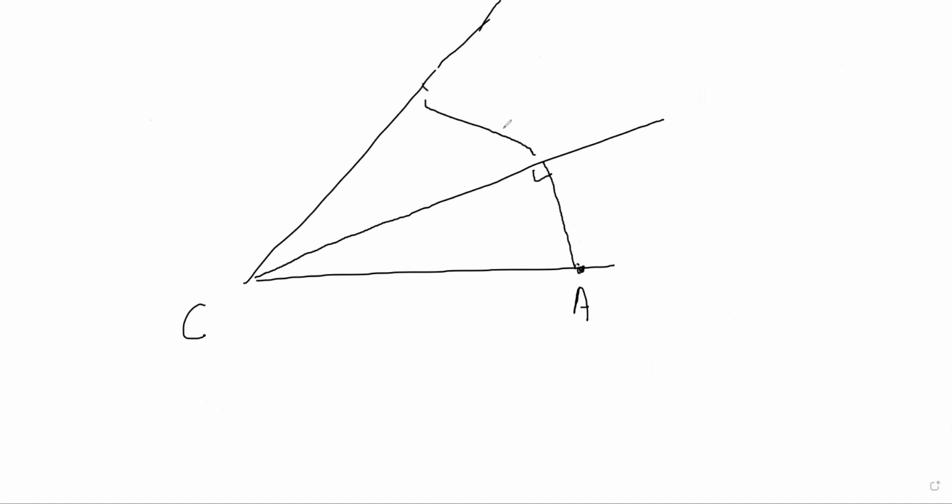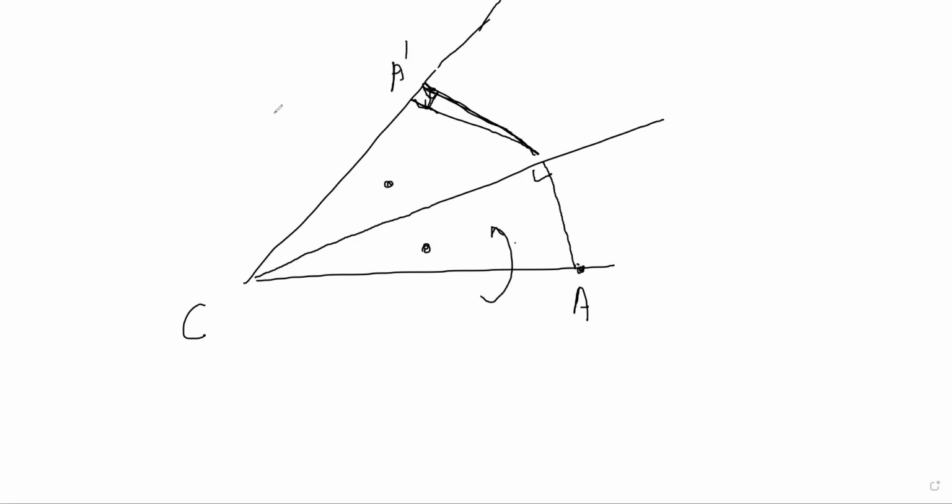Let's say there is an angle bisector like this. This is angle C. There is a point A here, and what I'm saying is the lengths of the perpendicular from this to this and this to this are the same, right? Because these triangles are congruent. So if you flip this like this, it will give you an A dash point here.